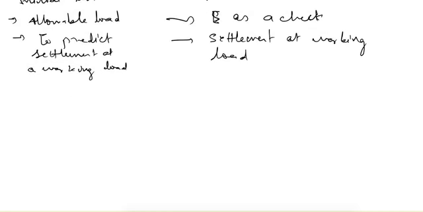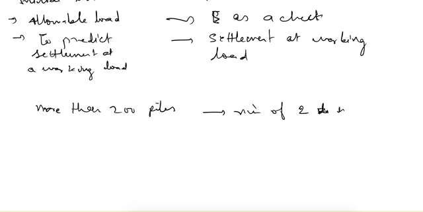There is some guideline for the test. If there are more than 200 piles, then a minimum of two initial tests should be conducted, and 0.5% of the number of piles.